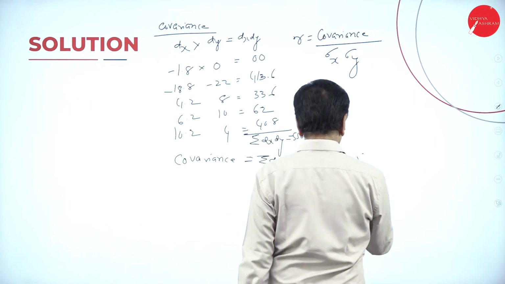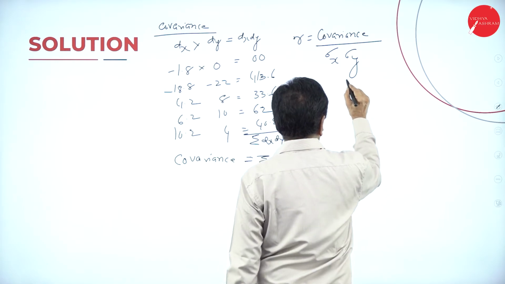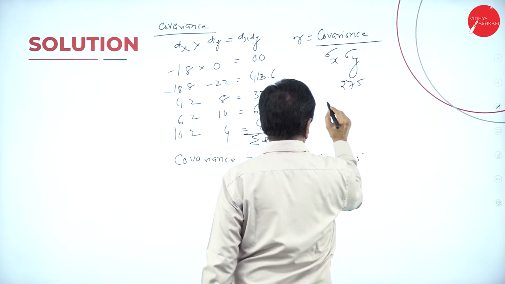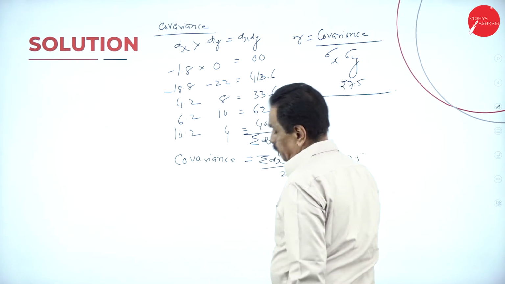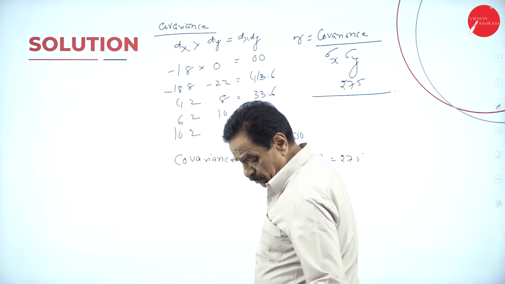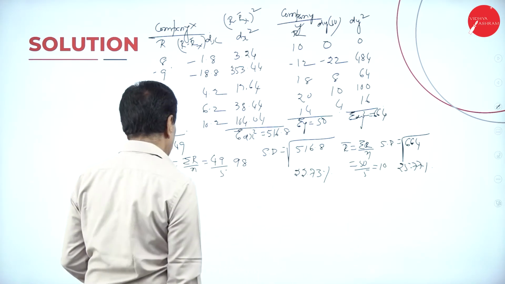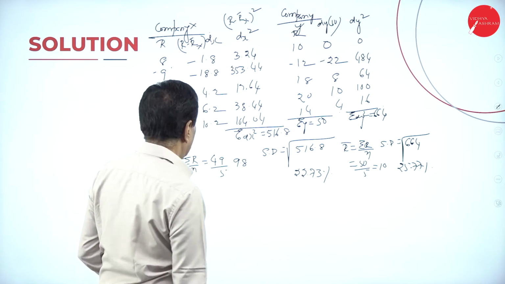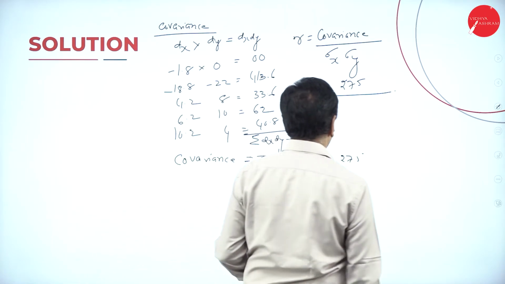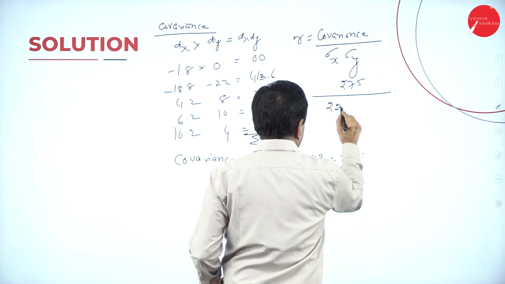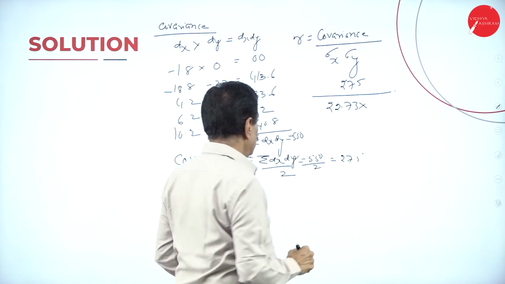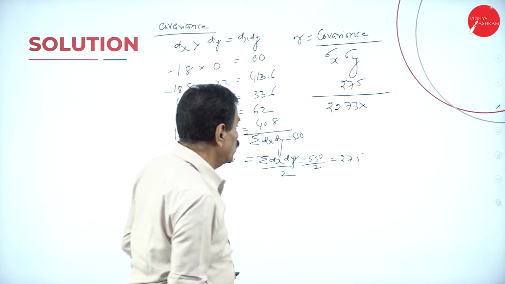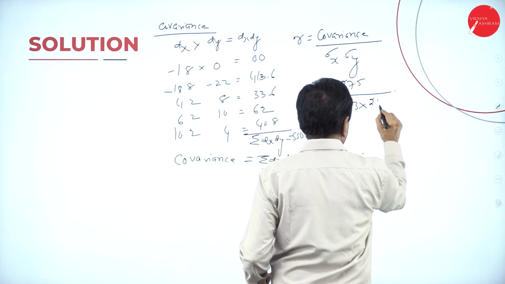What's your covariance? 275 divided by, come back to, what's standard deviation of x here? 22.73 into standard deviation y, 25.77.